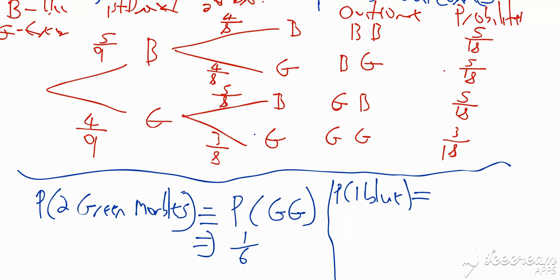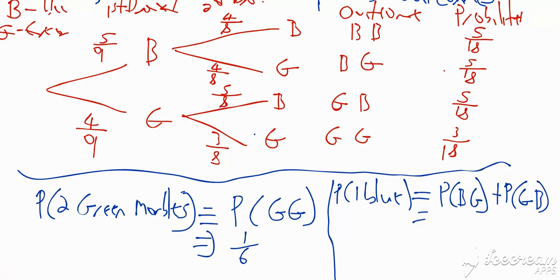Now, what about the probability of getting 1 blue marble, sorry? I would have to go to my outcomes. Look at the scenarios where I have 1 blue. So this would be the probability of blue-green. And of course, these outcomes are mutually exclusive because they can't happen at the same time. So it's the probability of blue-green plus the probability of green-blue.